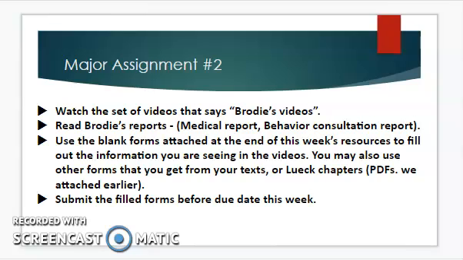And then you fill the blank form with everything that you see in the video, and then you attach it and submit it. So you just begin doing this week, and then submit the filled forms before the due date, which is next week.